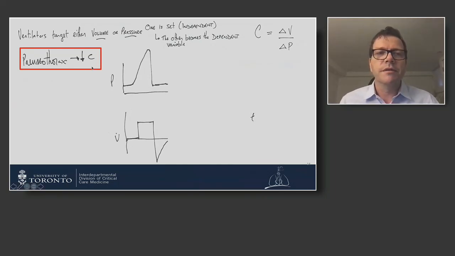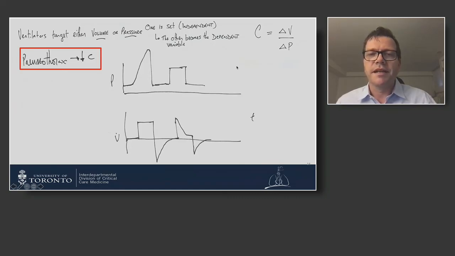A patient on pressure control has a pneumothorax, their compliance goes down, pressure stays the same, so volume has to go down. And that's exactly what would happen. And the interesting thing here is that depending on how the alarms were set, it might not even alarm.